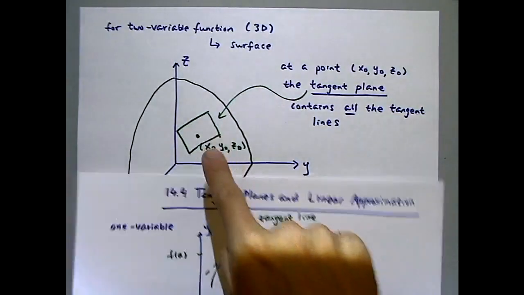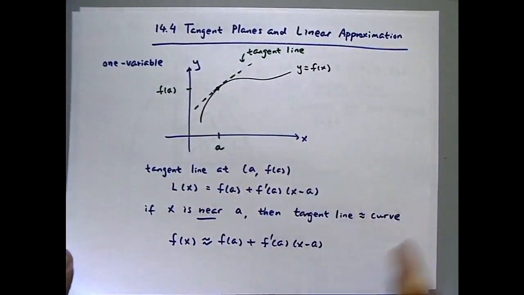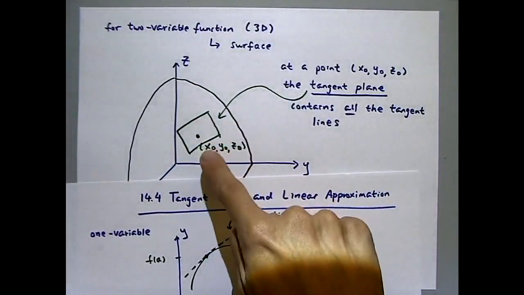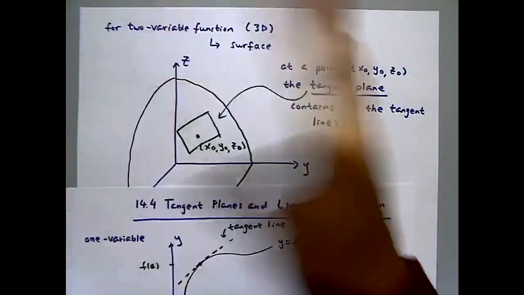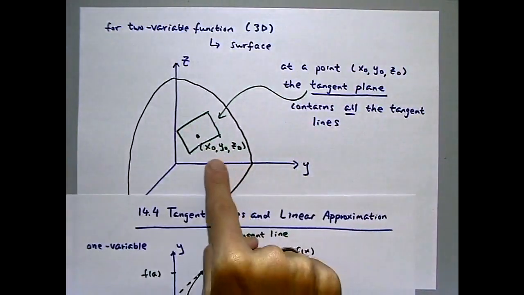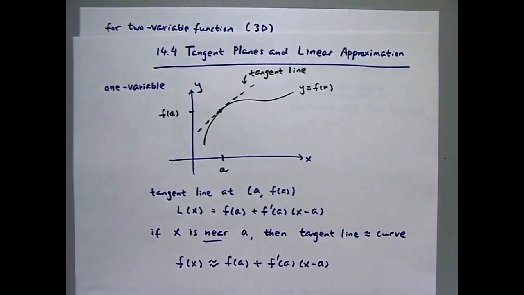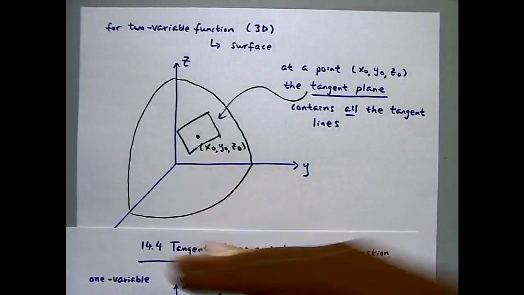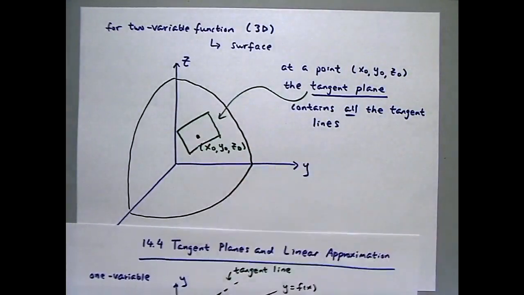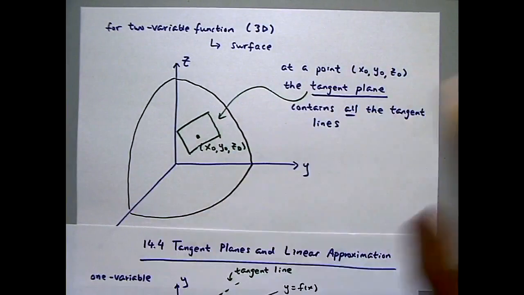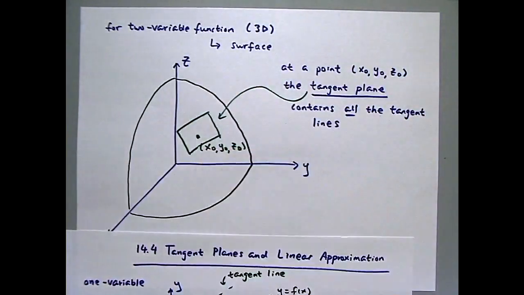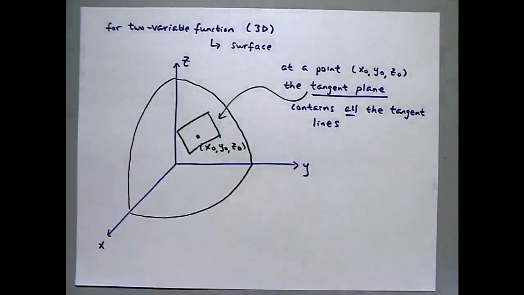And we can use that tangent plane very much the same way we use the tangent line. Nearby this point, if you don't move very far from it, the sphere and the plane are about the same. For example, here on Earth, from our perspective, the Earth looks flat, right? Because we can't see very far. So imagine this is where we are. We can't see very far. So from our perspective, the Earth looks flat. We won't see the curvature until we get very high, or we move very fast, or very far away.